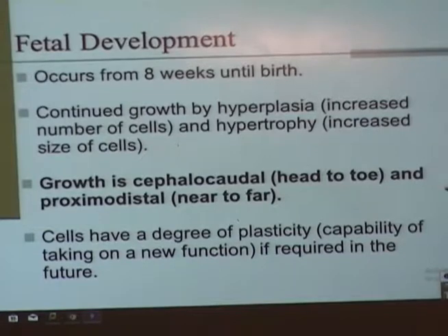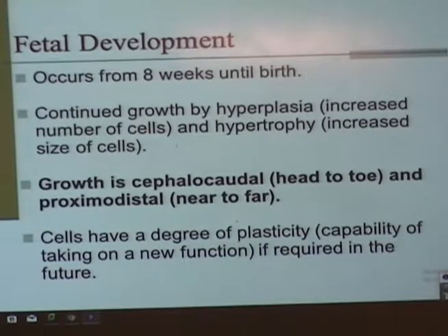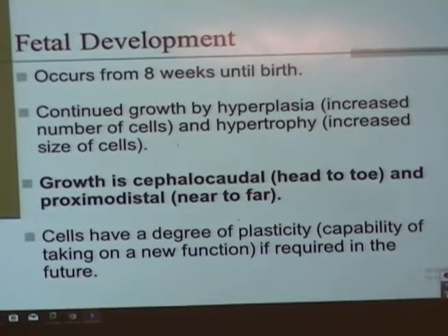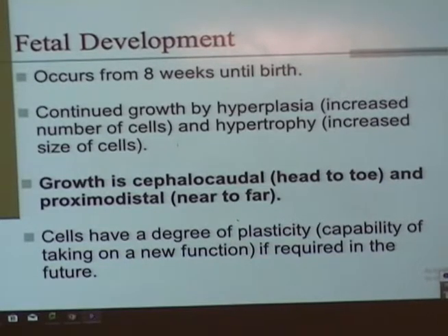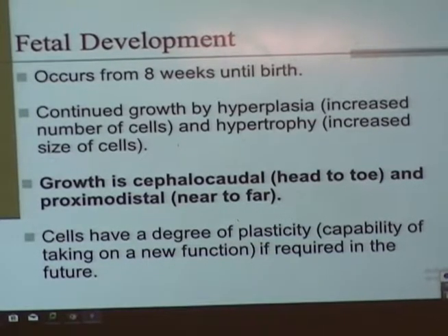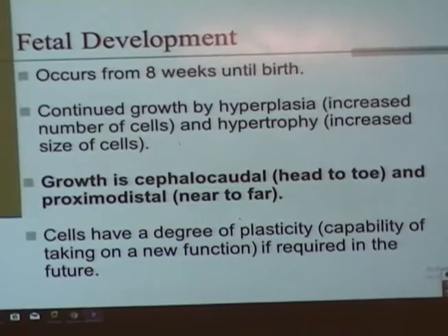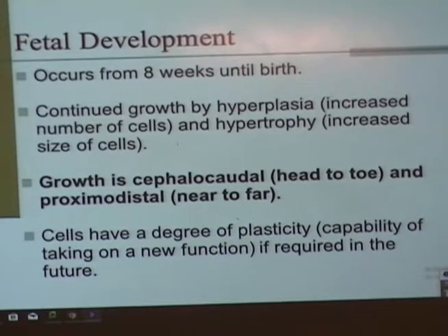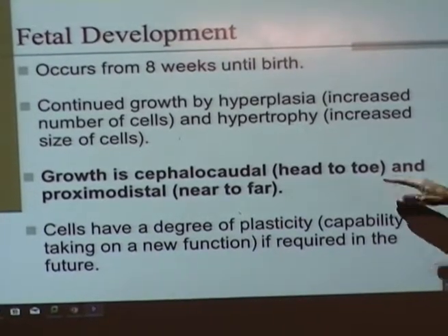We have our directional laws. We grow from head to toe, we grow from midline out. So directional laws of development, and they apply to skill development as well as growth.